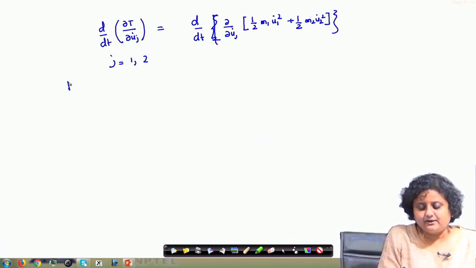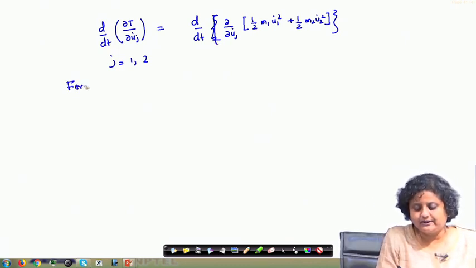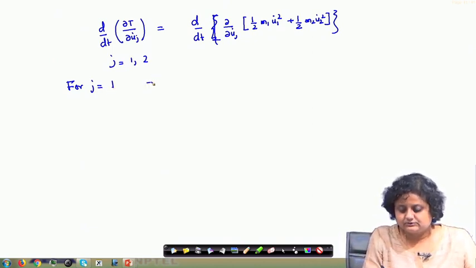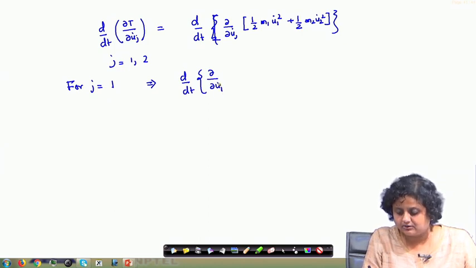Now for j equals to 1, what do we get? For j equals to 1, this equation is going to be d dt del by del u1 dot into the total kinetic energy, which is half m1.